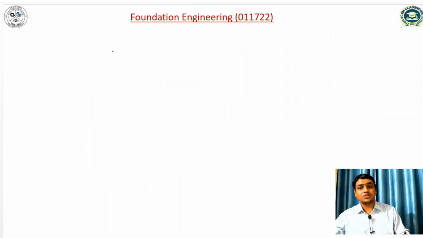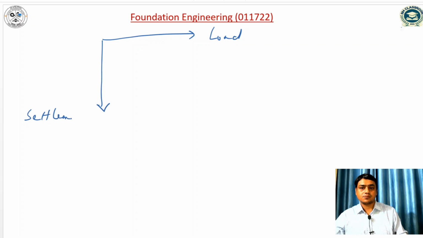So this is the load settlement curve, and the load settlement curve will look like this.